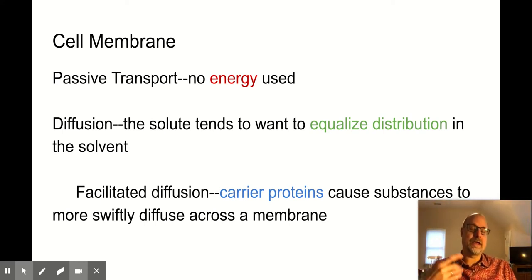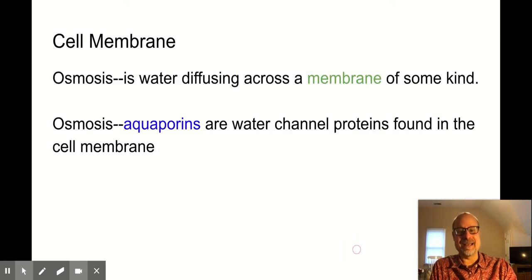Instead, they go through a carrier protein that allows those molecules to more easily equalize themselves inside and outside of the cell.